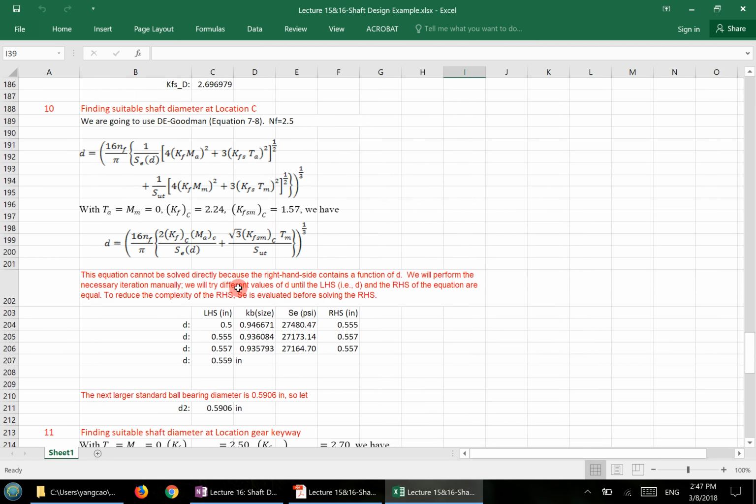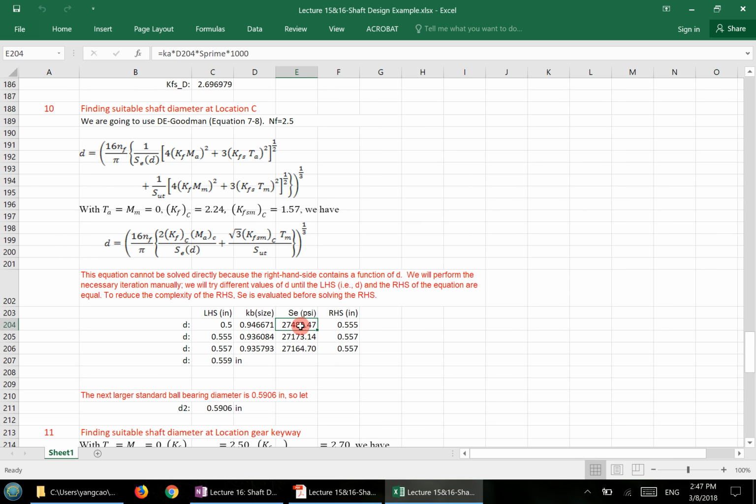So here's an example. At the C location, that's the formula. You start with a D. Once you start with the D here, you can calculate the KB value. We start with 0.5 here. With the 0.5, you can find the size factor KB, and then look at the formula for S prime.